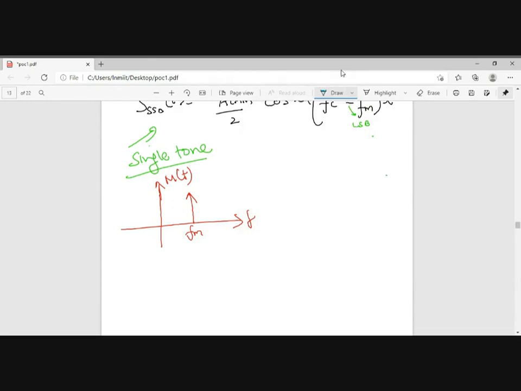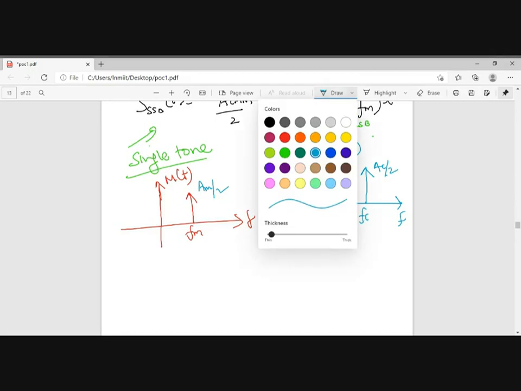Then, what will the spectrum of c(t) look like? Let's see. Mohit, what will be the spectrum of c(t)? Mohit: Ac by 2, an impulse at frequency fc. Yes, sir, one component, right? This will be Am by 2, right? And this, have I drawn it right, Ac Am? Yes, sir.